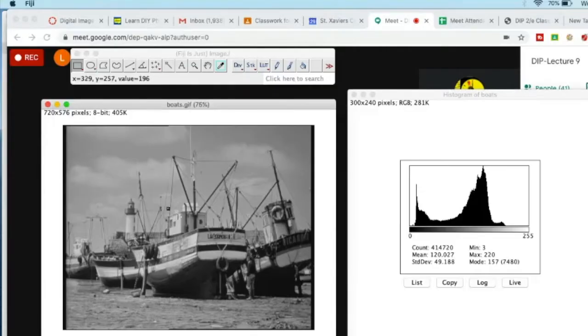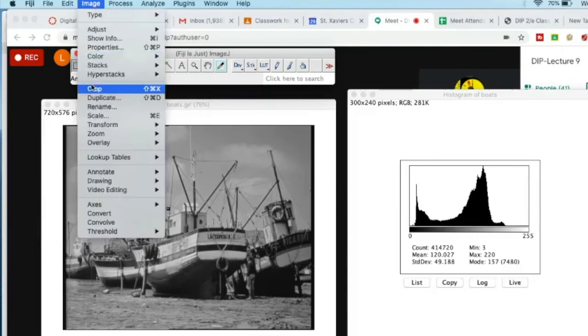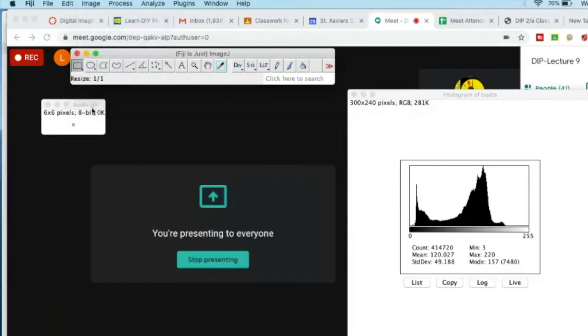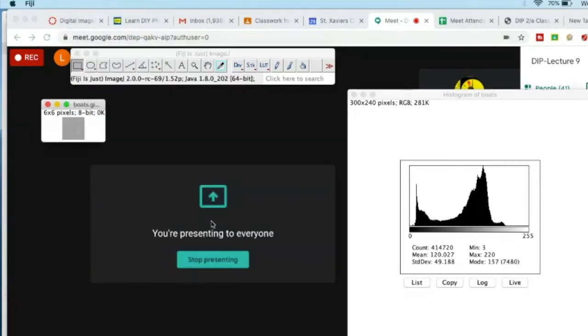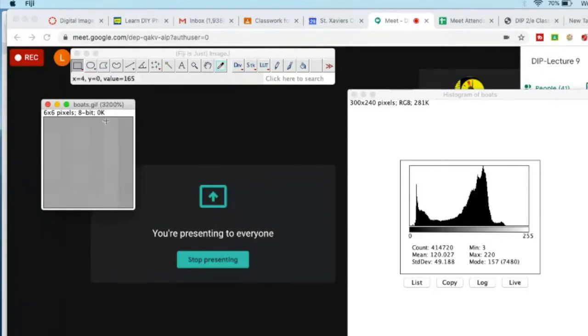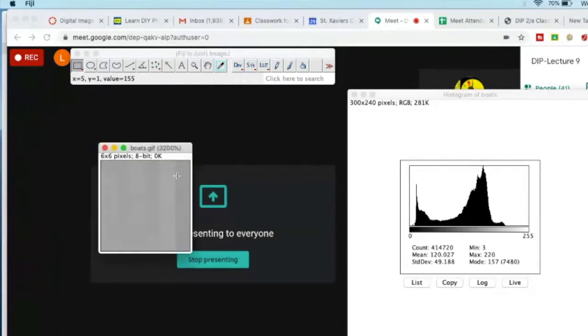Now I have selected a square of size 6 cross 6. Now I will go to Image and click on Crop. So this is my image. These are the pixels that we got, and it is of size 6 cross 6.